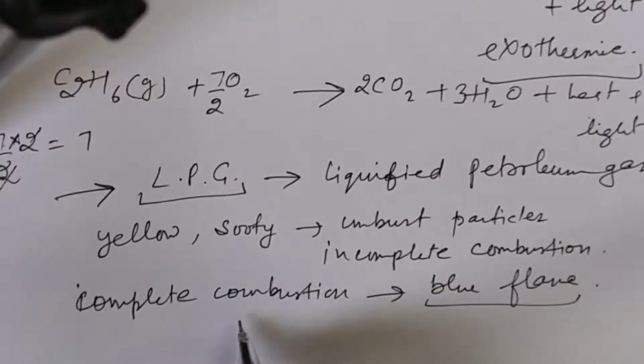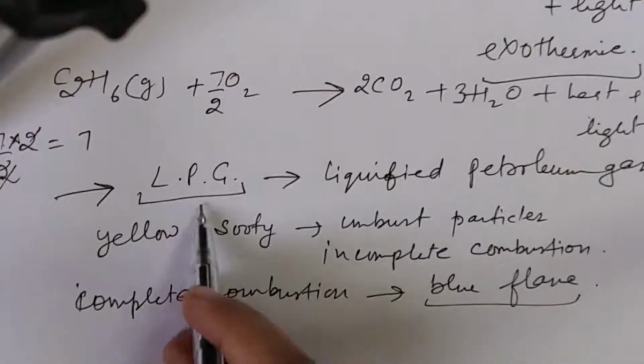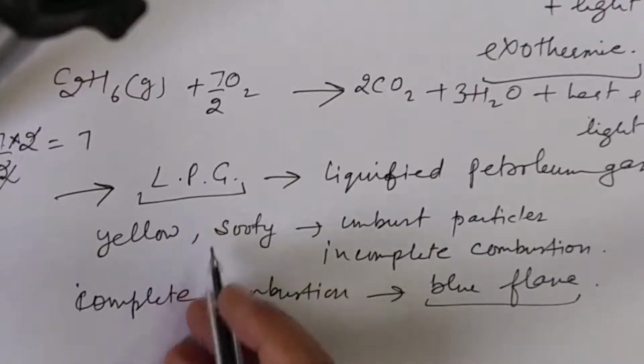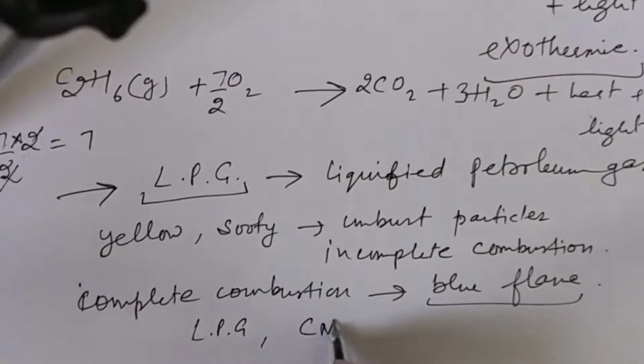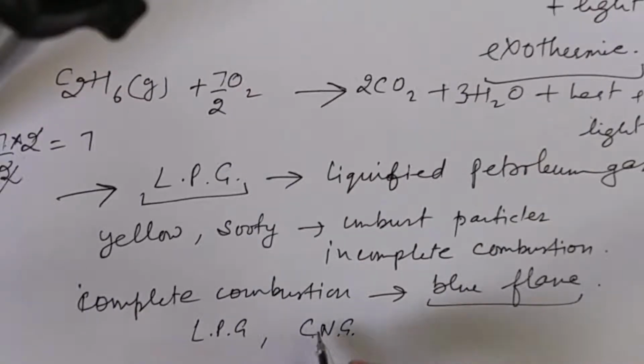The next thing is that LPG is a very clean fuel. LPG and CNG are very clean fuels. They don't produce any waste or side products, and they do not cause pollution.